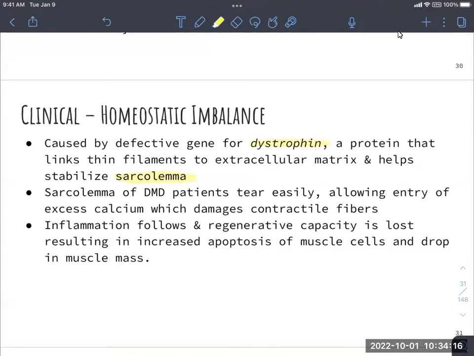We store calcium in the sarcoplasmic reticulum of our skeletal muscles, but if we start tearing that sarcolemma, that sarcoplasmic reticulum opens up and allows calcium to flow pretty freely throughout the muscles.